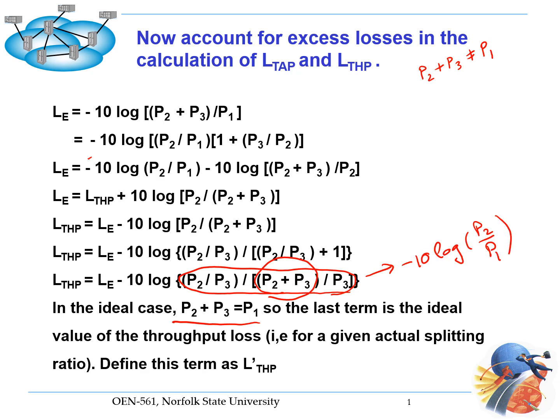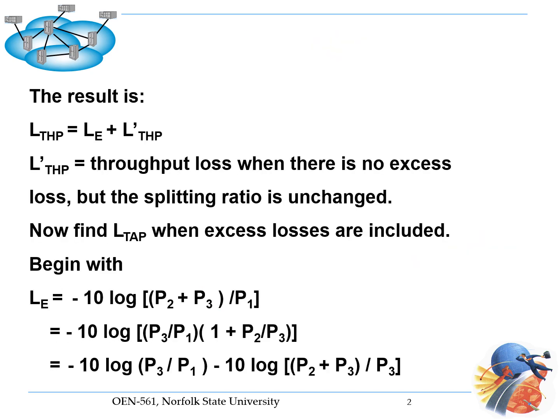And we will define this term as the throughput loss, but we will put a mark. Okay, so throughput port loss prime. And as a result, we will have a simplified expression, right?